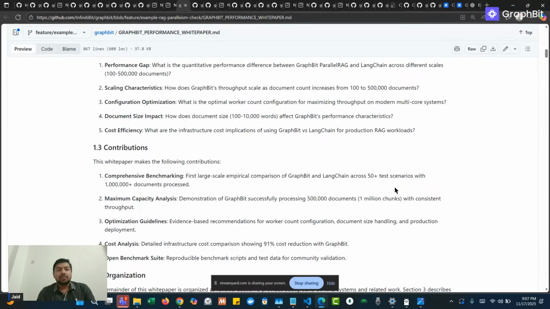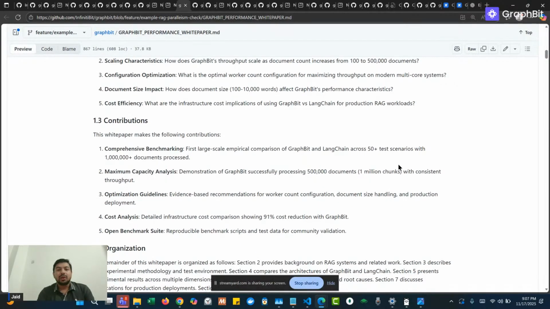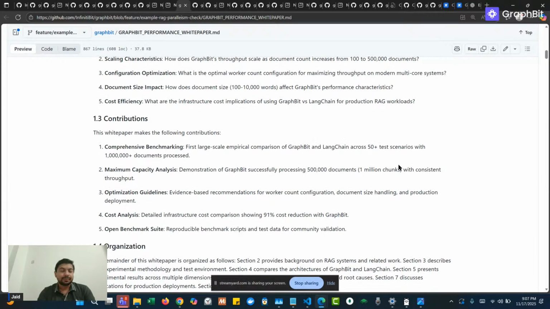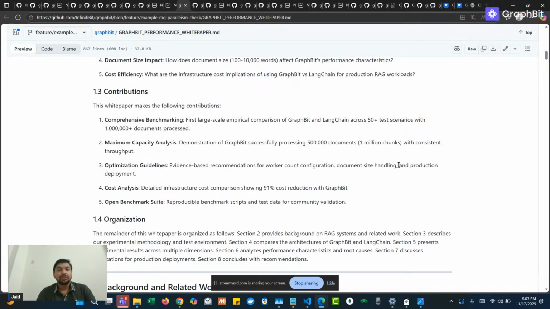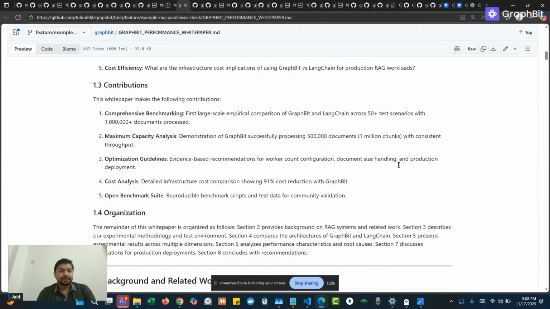How does GraphBit's throughput scale as document count increases, while drastically lowering CPU and other computational usage at very low scale? The optimization is the worker configuration, maximizing throughput on modern multi-core systems. Document size doesn't impact much when it comes to GraphBit. The cost of infrastructure also goes down, up to 90 to 95% less.